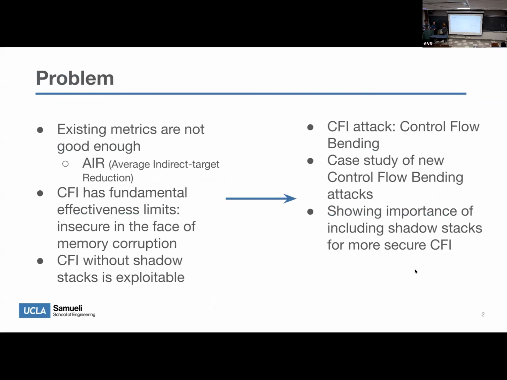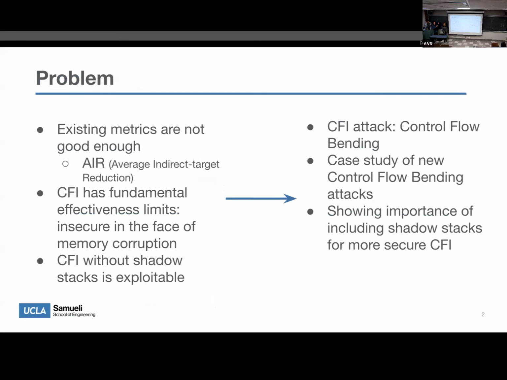So basically, the paper was talking about how in 2015, when it was published, the papers recently published about CFI had an issue where they weren't really accurately measuring how effective their control flow integrity schemes were. There's a specific metric they wanted to target called average indirect target reduction, or AIR, that I'll talk about later. They're saying this metric isn't actually meaningful for all the CFI schemes published.